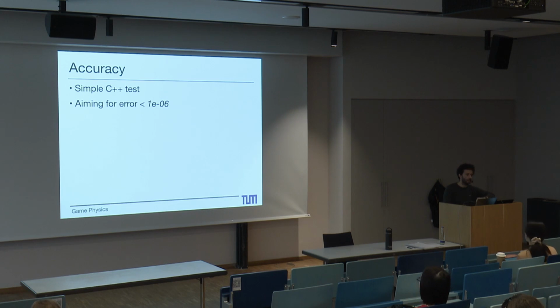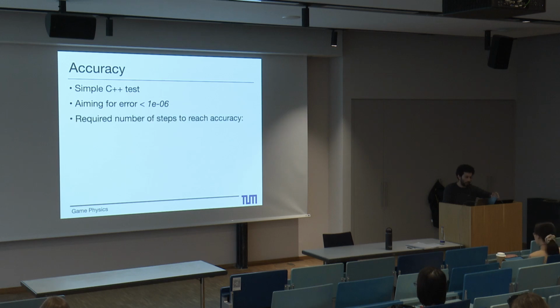But let's say 10 to the minus 6 is enough for our calculation, also because if we go below, then we're reaching a situation in which the error is getting close to floating point precision. And we're gonna check how many points are required for each of the methods to reach the accuracy that we desire. So we're gonna try this out in a moment.